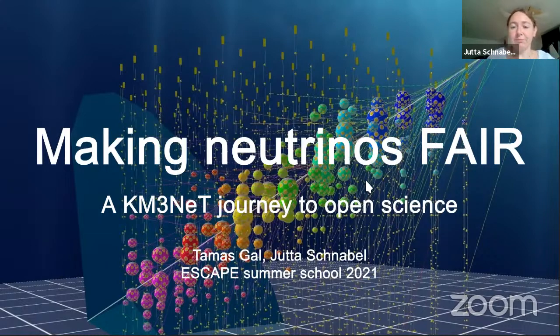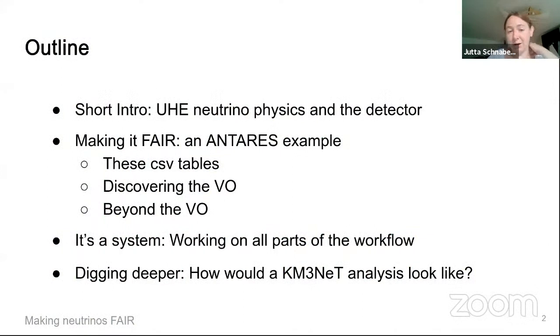So how am I going to do this? In the beginning, just for you to understand what kind of physics we're talking about, a very short introduction into our ultra-high energy neutrino environment and the detectors we're using.